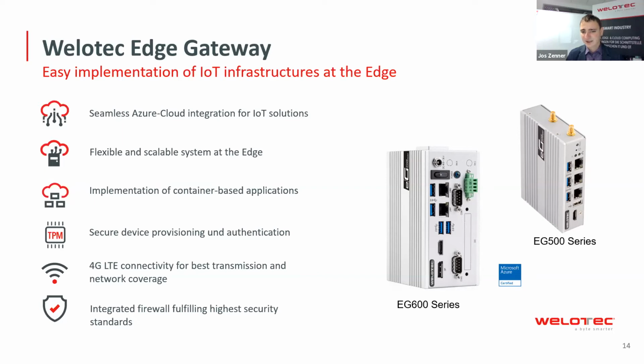In addition to that, we have the EG600, which can be used with 4G LTE, and also the EG500, which can, beside 4G LTE, also support 5G networks. Within the base operating system, we have an integrated firewall and have very high security standards so that your application and assets are protected.